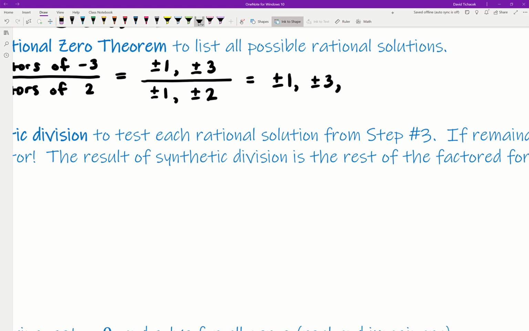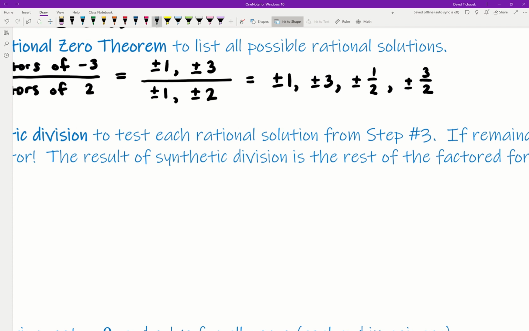And then I'll consider, what if 2 is on the bottom, okay? Well, numbers on top over that 2 would look like positive or -1 over 2, and then positive or -3 over 2. And we're just going to leave those as fractions just like that. But again, what we're doing is coming up with all the different possibilities for a number on top over a number on bottom.